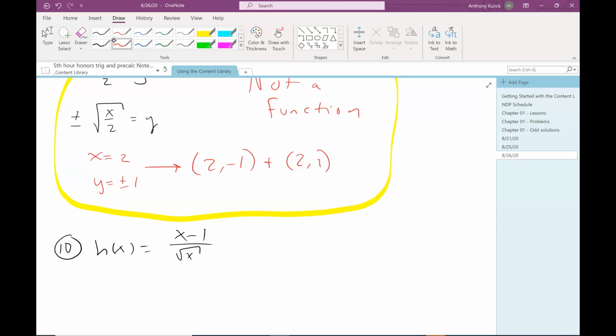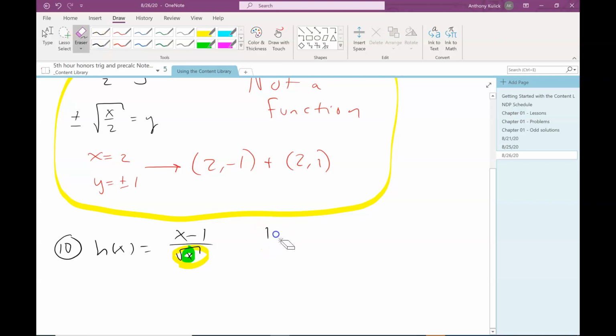There's a square root and a division, right? If you're dividing and you have an x in the denominator, that can cause an issue, which is what we have here. And if you're square rooting something, that can cause an issue, which is what we have here. So we have both of these things going on.